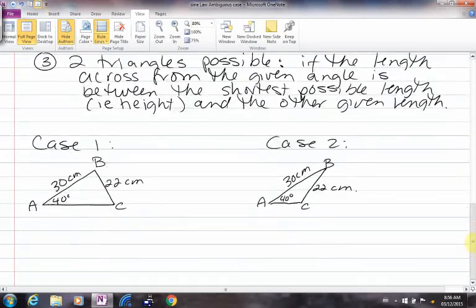Some people find it helpful to draw one triangle initially, and draw both of their options like this.